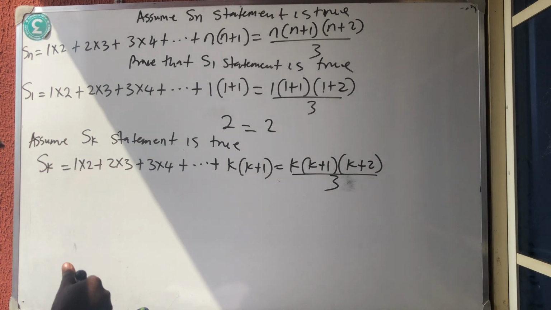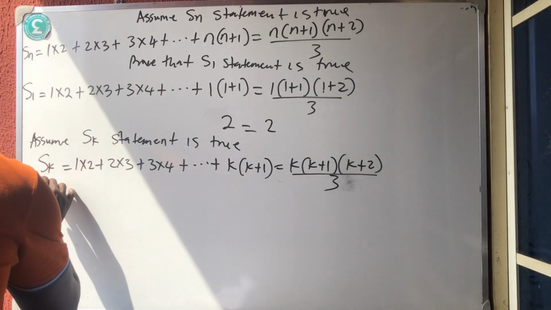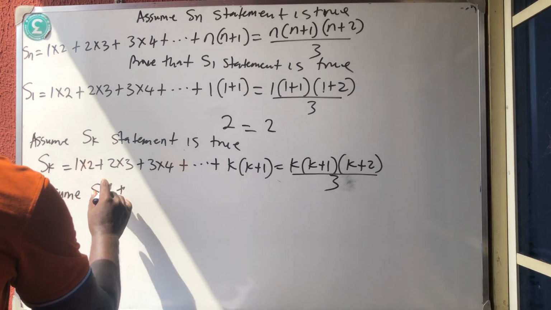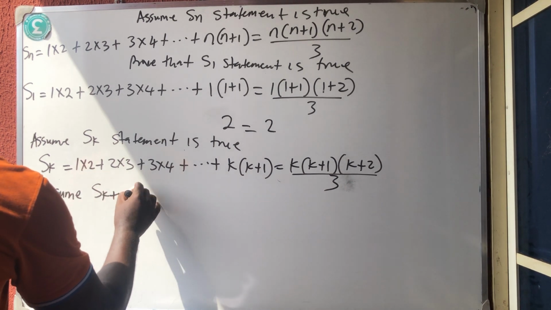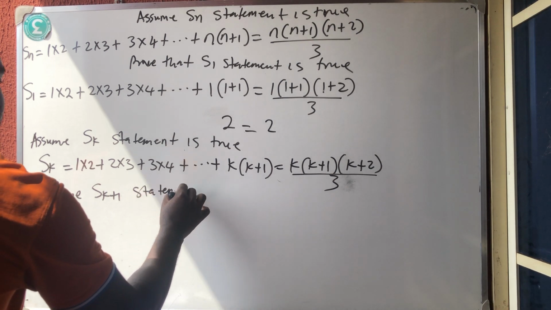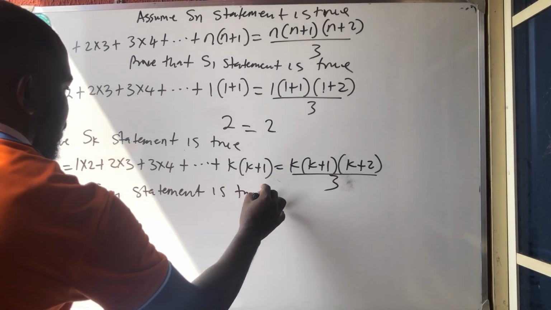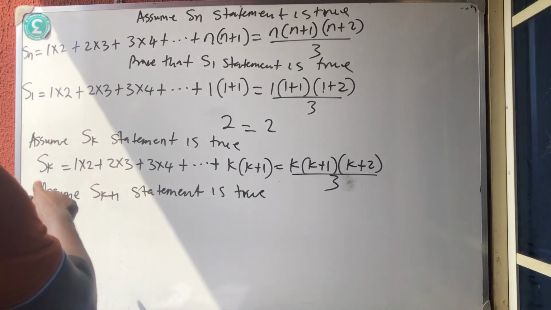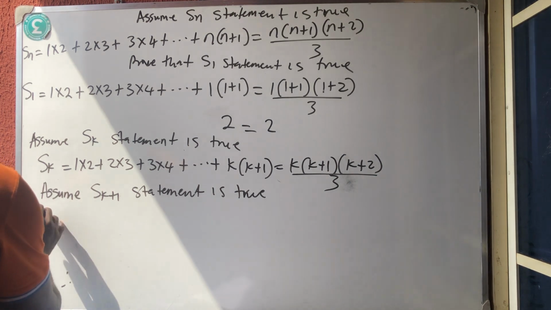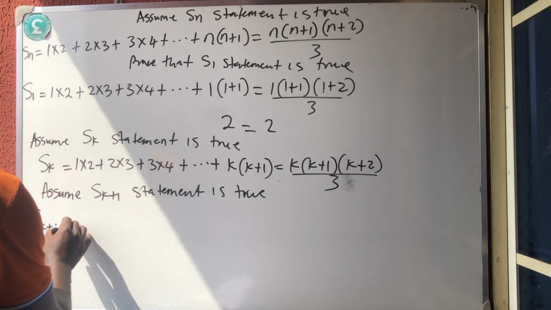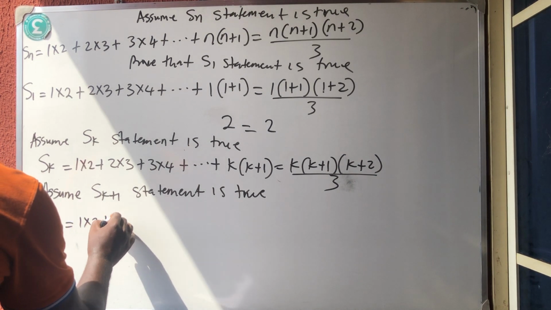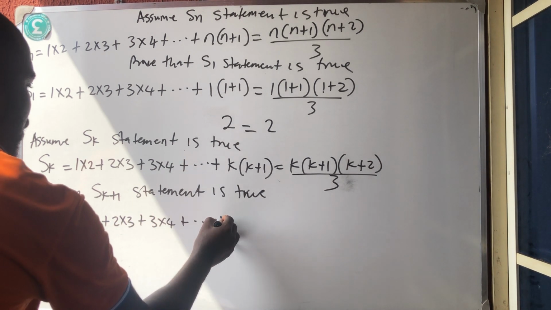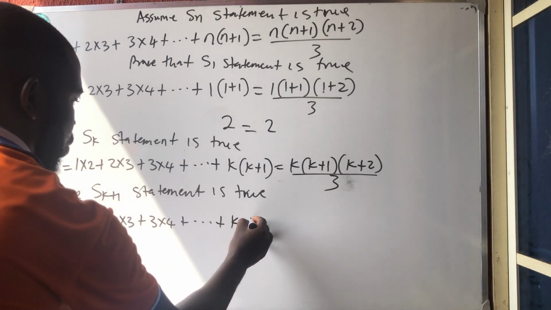So we are done with this. The next thing to do is to assume SK plus 1 statement is true. What does it mean? Anywhere you see n now, put K plus 1, or anywhere you see K, put K plus 1. So I'm having SK plus 1 is equal to 1 times 2 plus 2 times 3 plus 3 times 4 plus ... plus K plus 1 first.